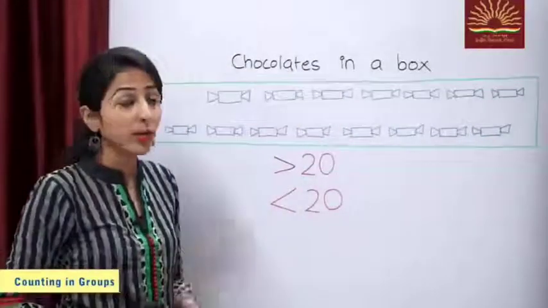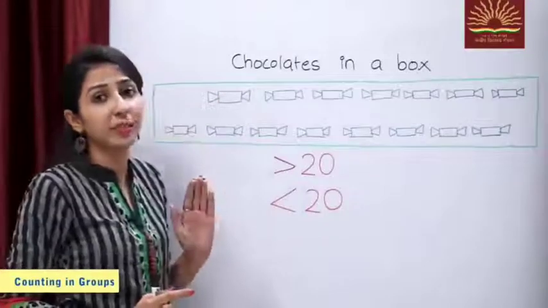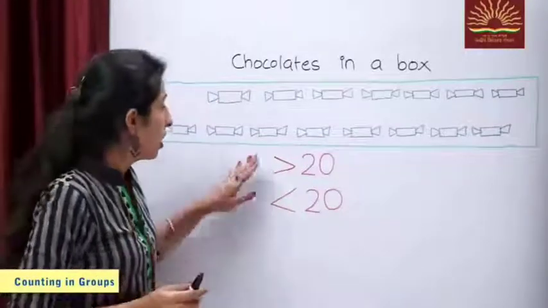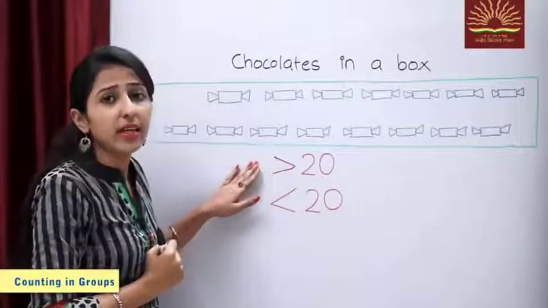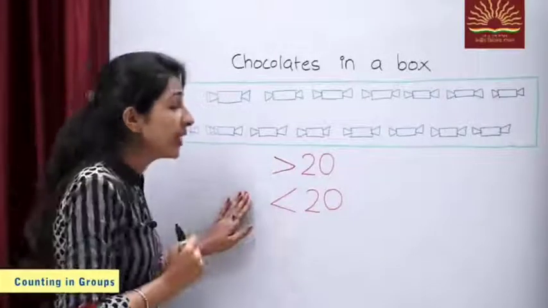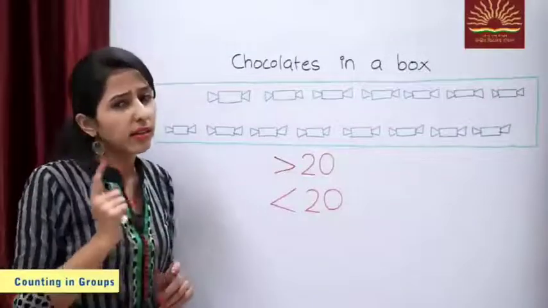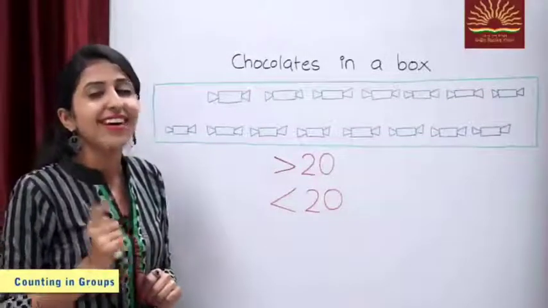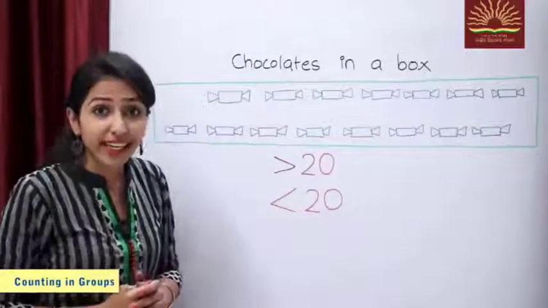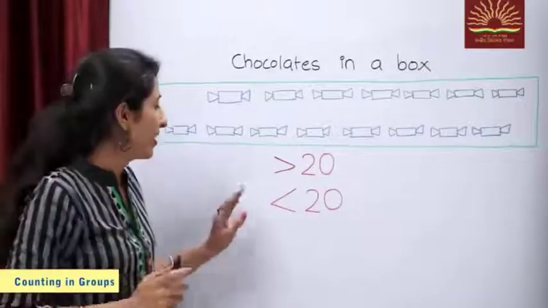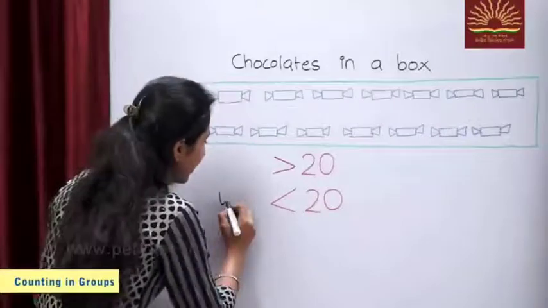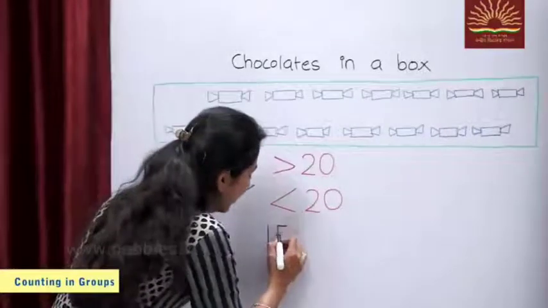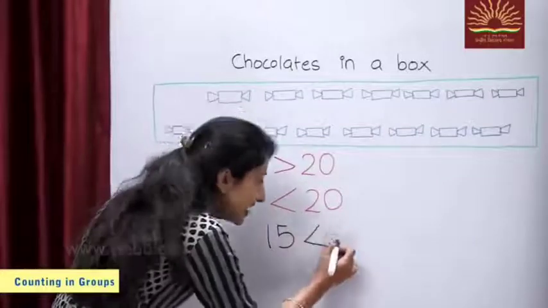So there are total 15 chocolates in this box. Tell me students, 15 is more than 20 or less than 20? Think and tell me. Correct. 15 is less than 20.